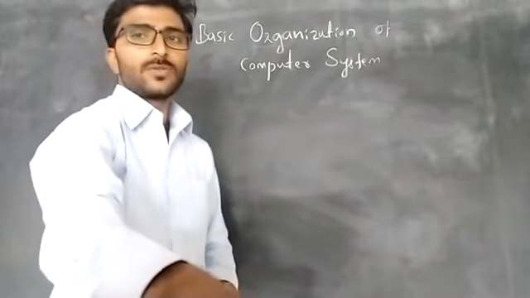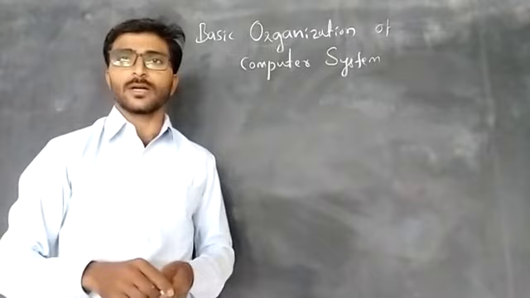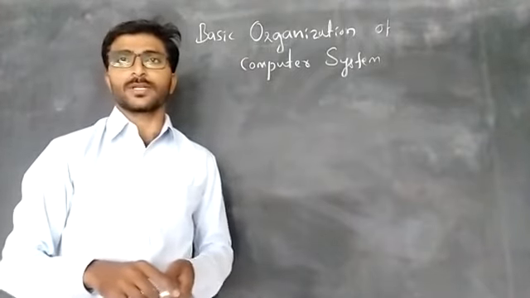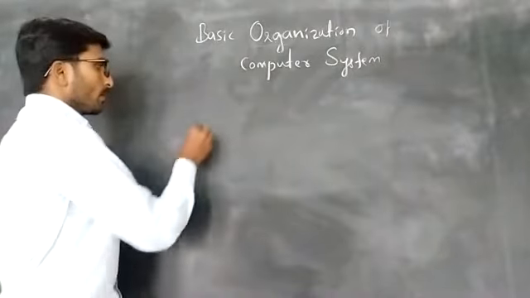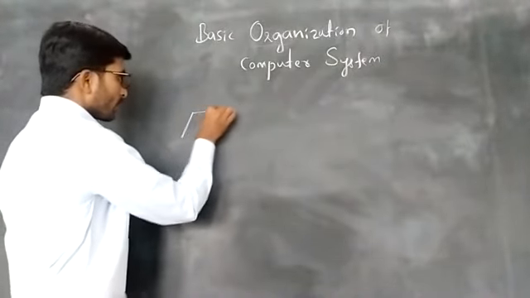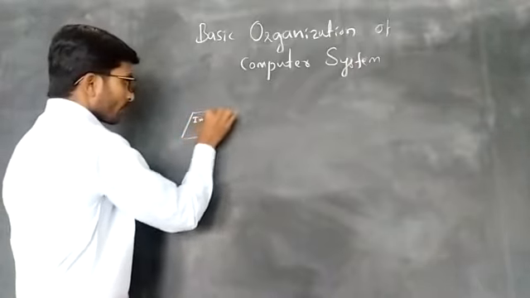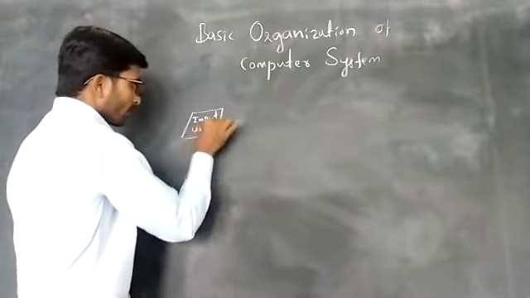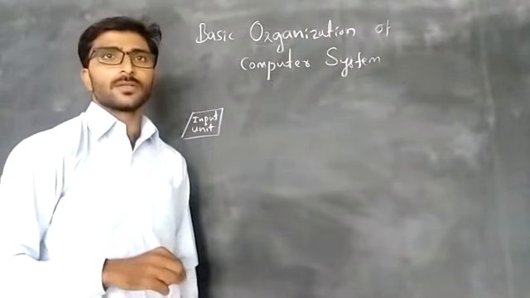Okay, so using these units we can make a computer, or they already made a computer structure. How are they made? So the first one here is the input unit.